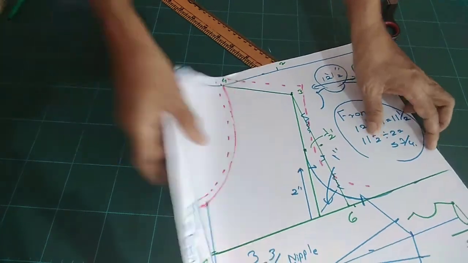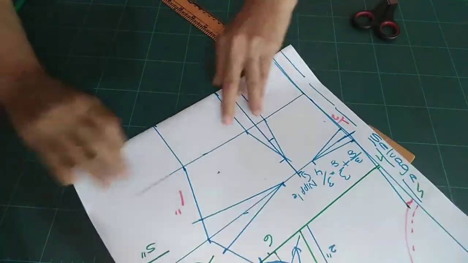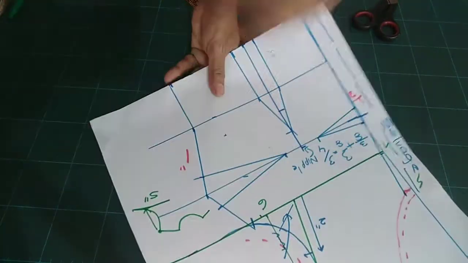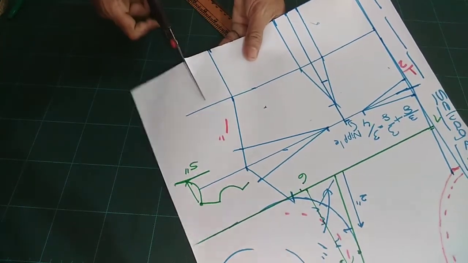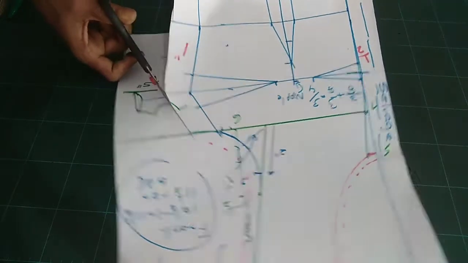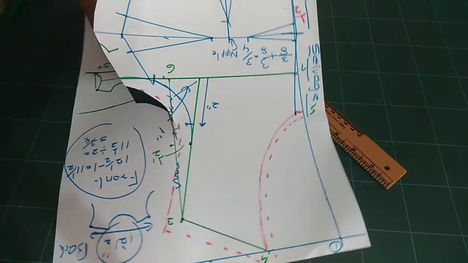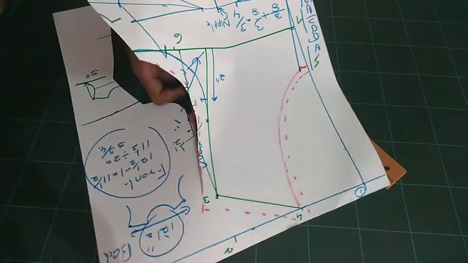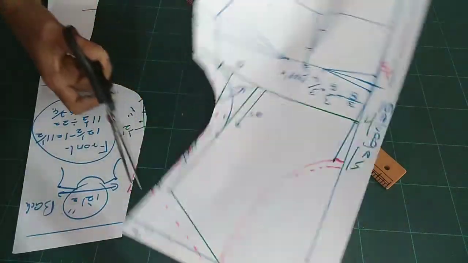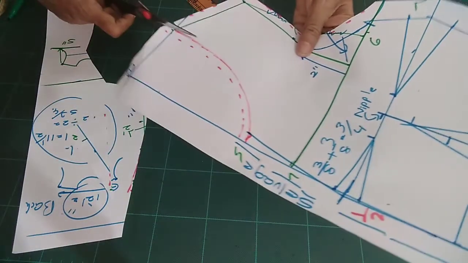Okay, I fold, so the allowance like this: 1 inch for side seam, 1/2 inch, 1/2 inch shoulder line, 1/4 inch neckline.